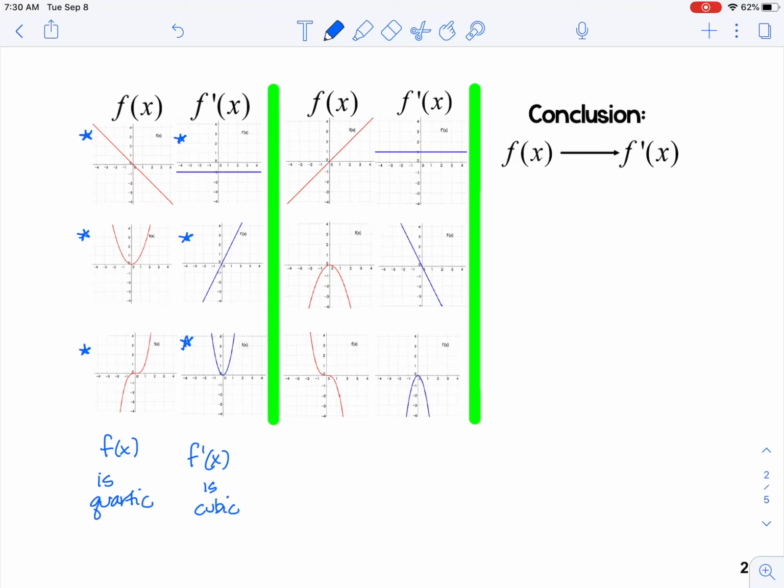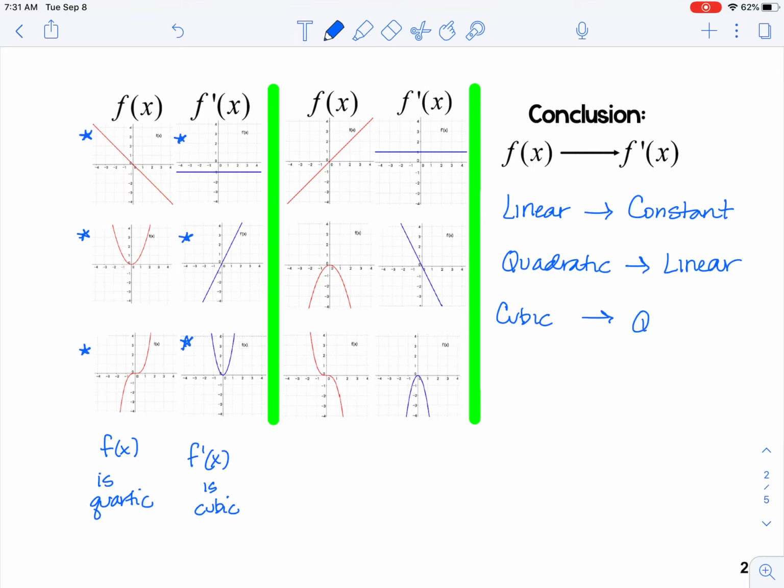All right, so how can we write that out? We're going to say that if the function is linear, its derivative is a constant. If a function is quadratic, its derivative is linear. If a function is cubic, its derivative is quadratic.